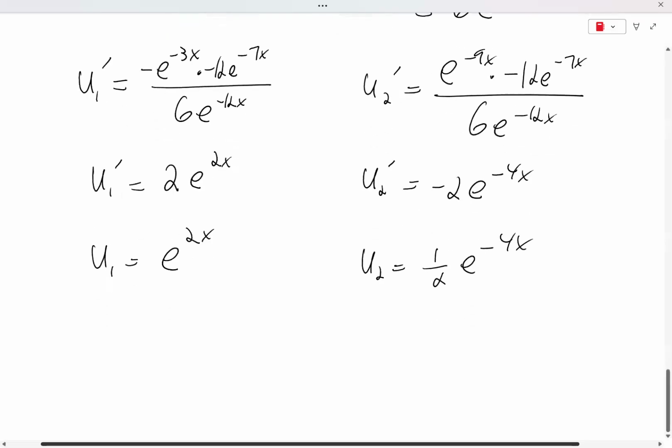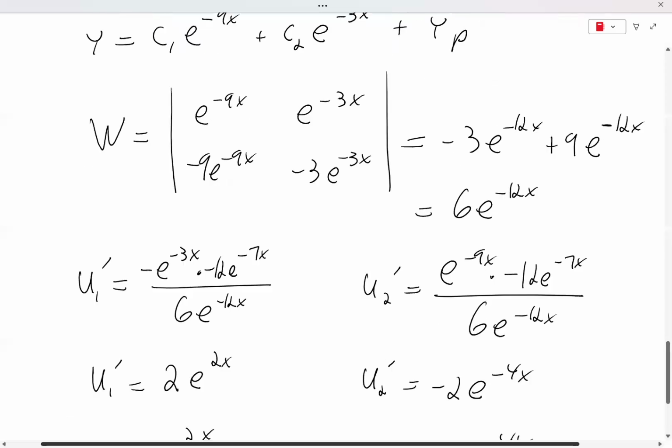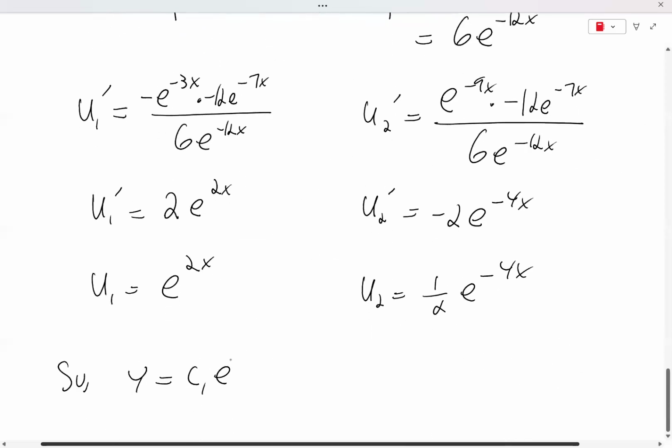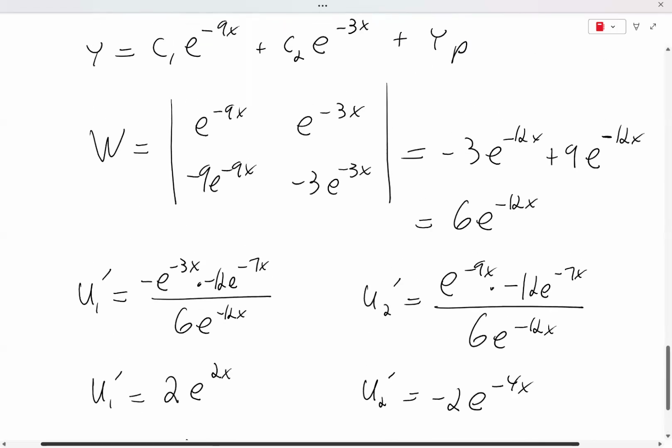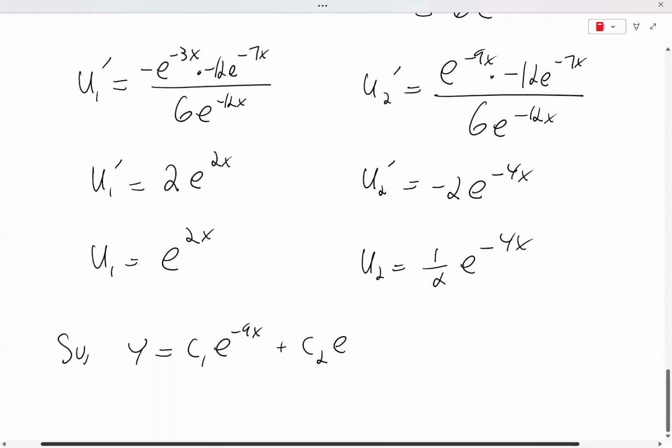Like that. So then I can go for the whole thing here. So y is equal to c1, whatever those were, e to the negative 9x plus c2, e to the negative 3x, plus now the particular solution. Basically, it's the same thing here again, right? Except you just have the u's here now instead.